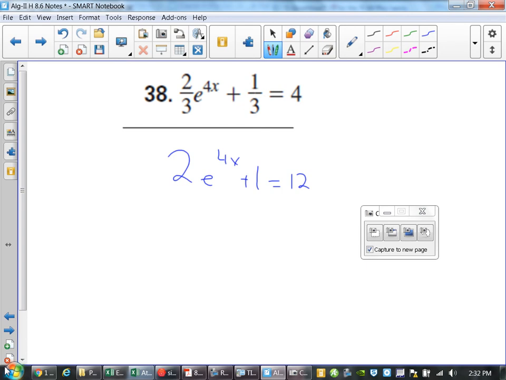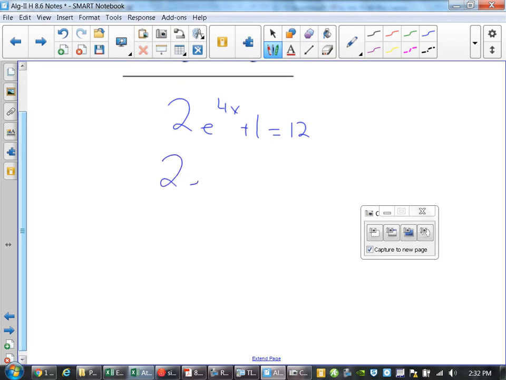Now what? Divide by 2. How do you undo E? Very good. Natural log undoes E.